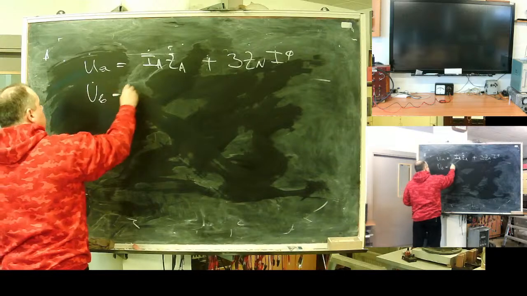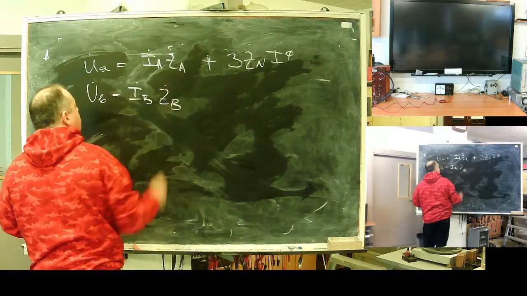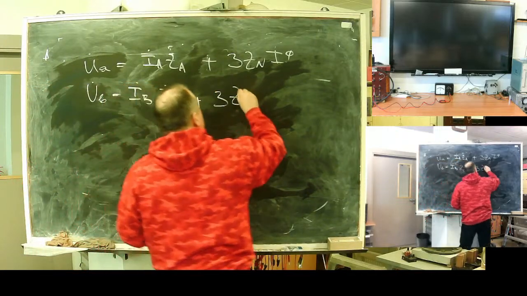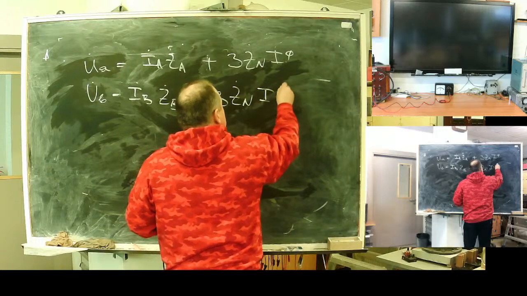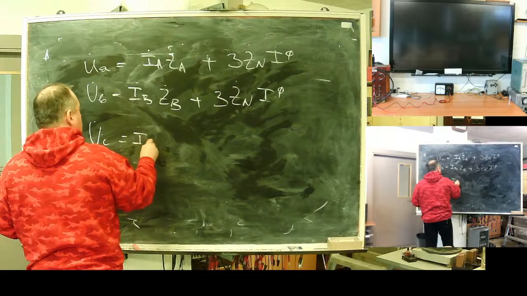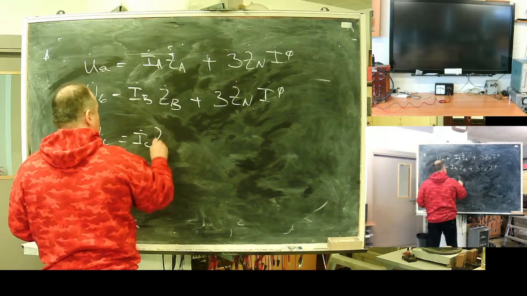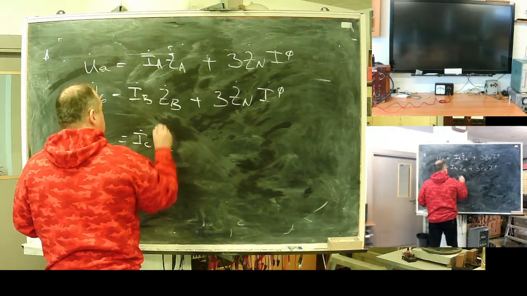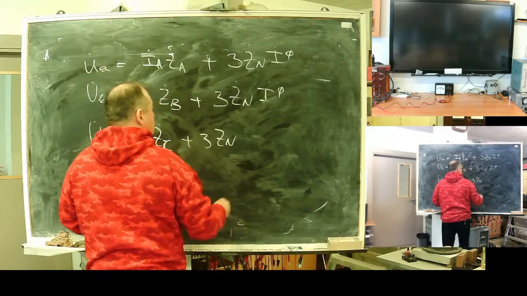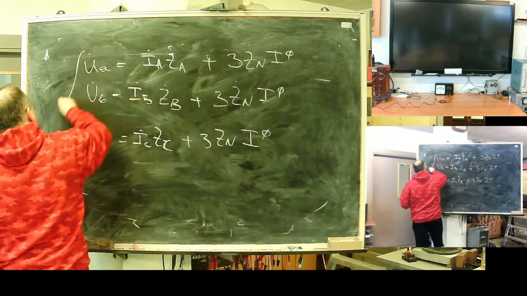B phase voltage will be B phase current multiplied by B phase resistance plus triple neutral resistance multiplied by zero sequence current. And C phase voltage will be C phase current multiplied by C phase resistance plus triple neutral resistance and zero sequence current.